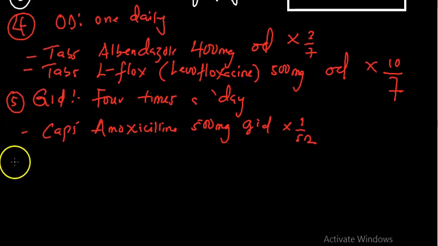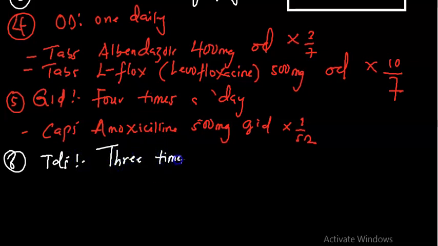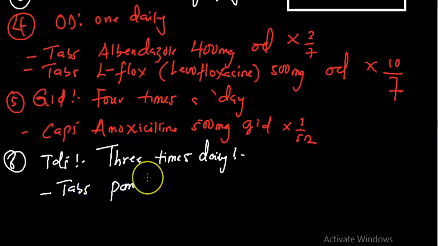Next thing we have on the list, we have the TDS. In this case, TDS simply means 3 times daily. What medication can you take 3 times a day? Let's take an example with TABS PCM. In this case, this is an NSAID drug, which is non-steroidal anti-inflammatory drugs.